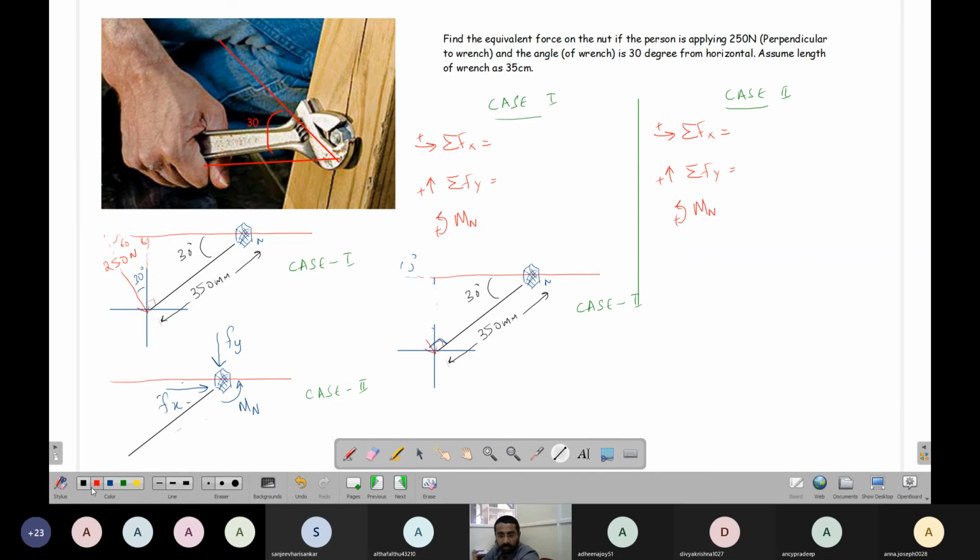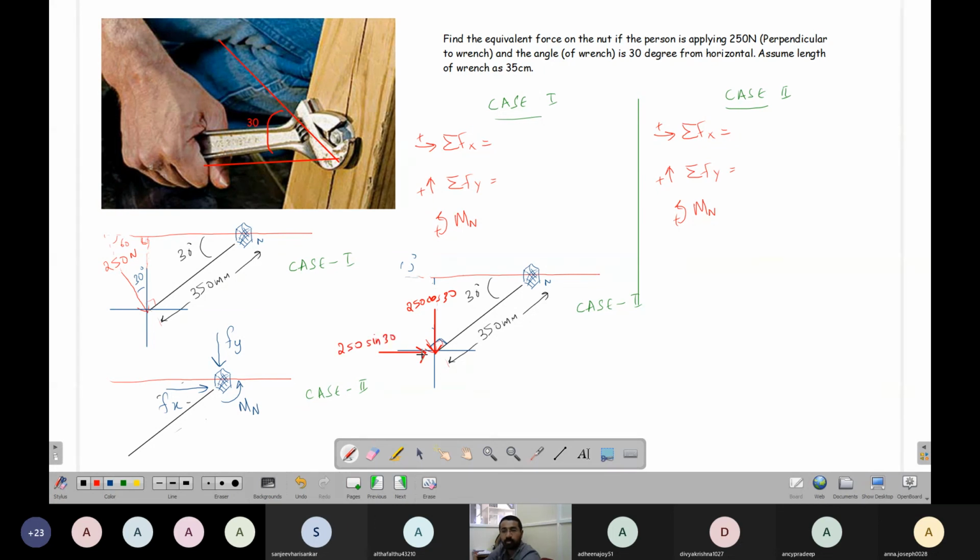I don't know what is the value of vertical force. I can calculate that now. So this force in the vertical, one like this and one like this. What is the value of this force? The value is 250 cos 30. This is 250 sin 30.